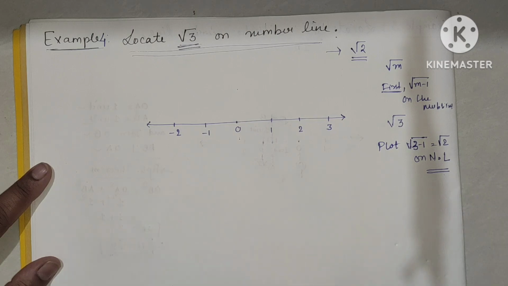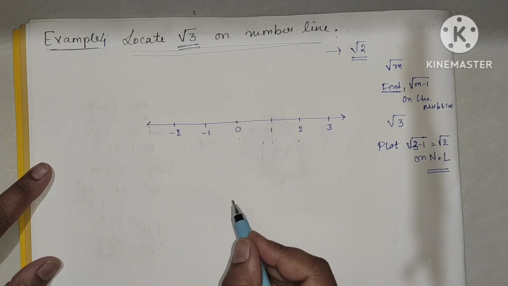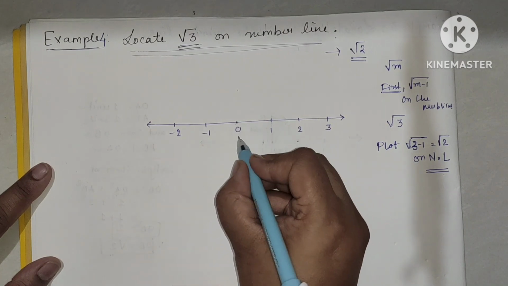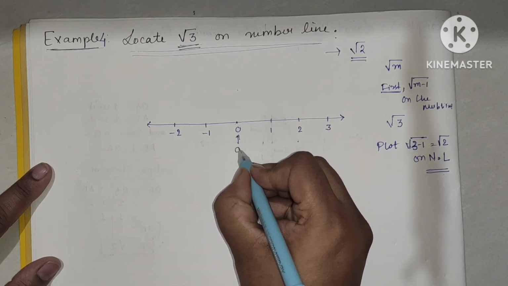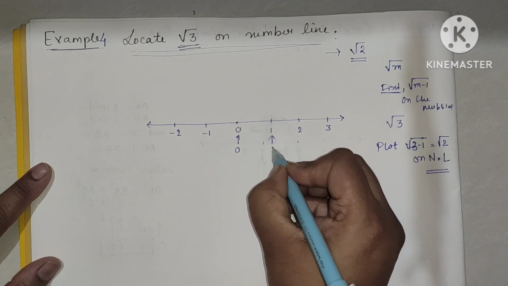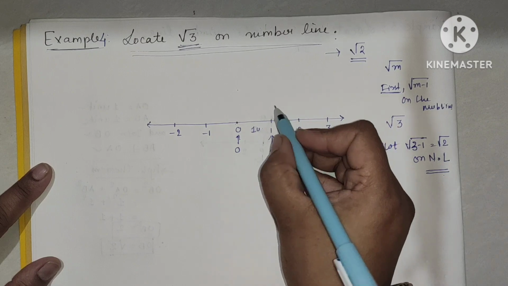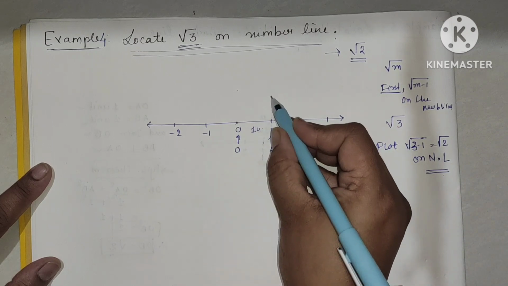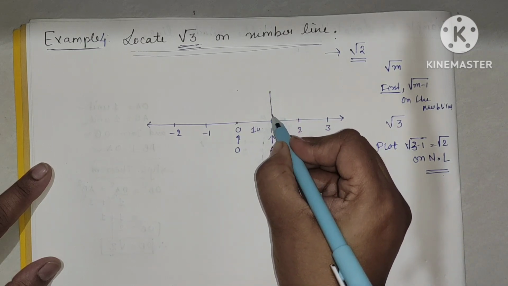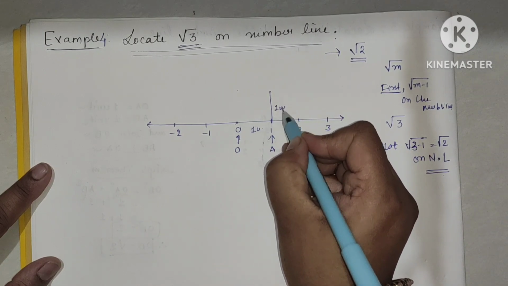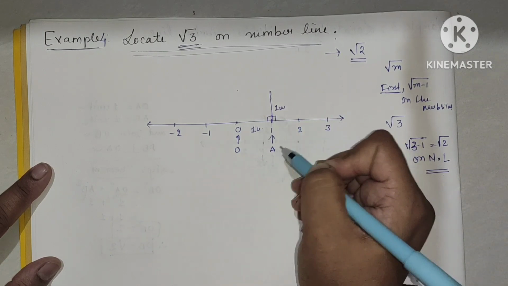Now we'll follow the steps for plotting root 2. Again, here I am going to mark this point as 0, taking this as A. This is 1 unit distance. Now I am going to again draw the same 1 unit distance line over here, 1 unit which is perpendicular.